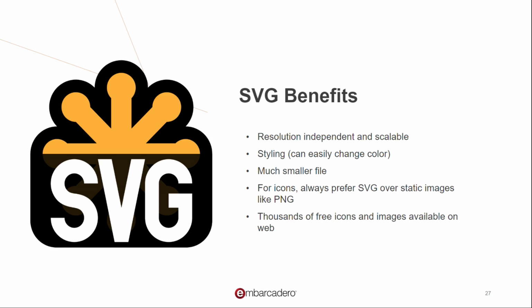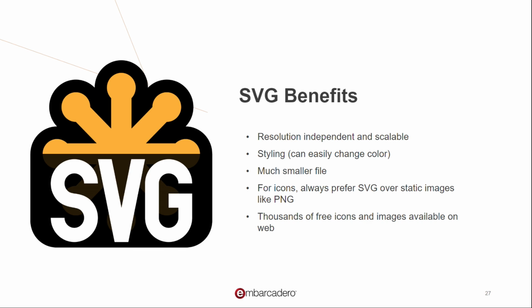Now I want to talk about SVG. I am a huge fan of scalable vector graphics. They are phenomenal. Honestly, I've done entire hour-long conversations just on vector graphics before because I think they're fantastic. Vector graphics, if you're not familiar with them, are resolution-independent scalable graphics. You can easily apply styles to them and change them around losslessly.